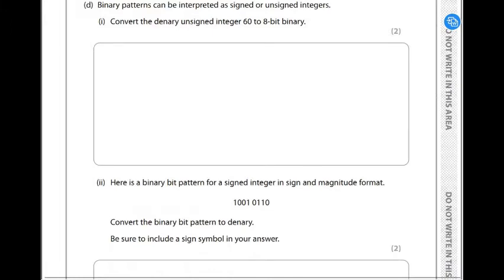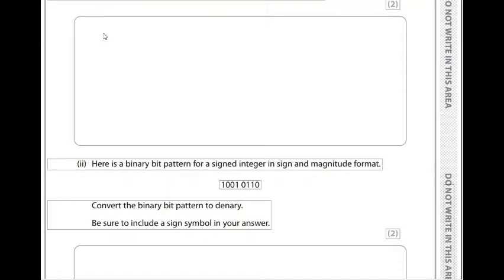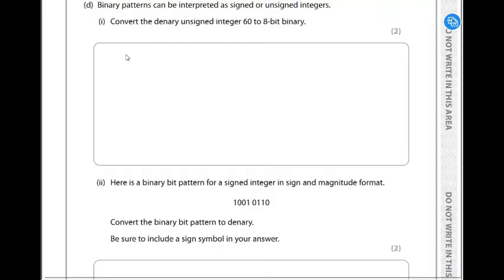Right, for D. Binary patterns can be interpreted as a signed or unsigned integer. So what we need to do is convert the denary number 60 to binary. So you've got your 8 bits, 0, 0, 0.